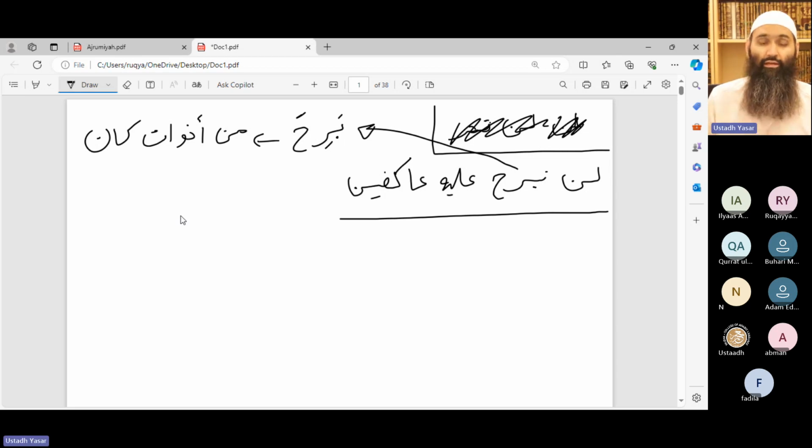And as you know, the i'rab of kana wa akhawatuha, which we shall look at later, but you should know this from Medina books 1, 2, 3, or whatever you studied before, that kana and akhawat of kana, they have a ism and a khabar. And the ism is marfu' and the khabar is mansoob. And same rule will apply to this fi'l.